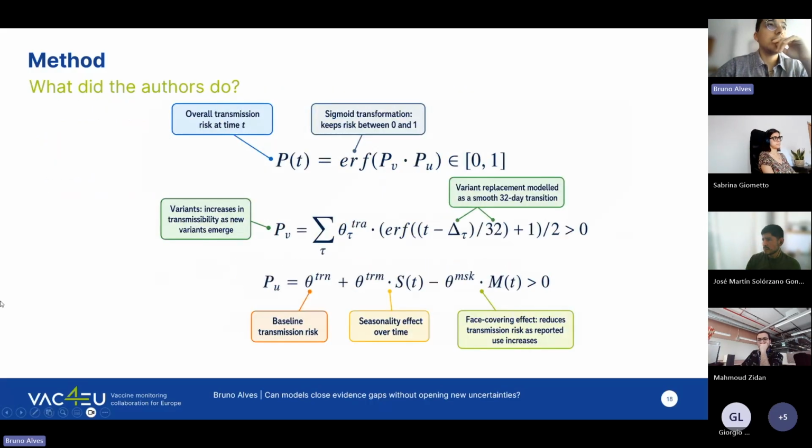So this is the main equation that calculates the transmission risk at a given time. We have here the variant effect, and we have here the seasonality effect. What they did was supplement this seasonality effect with a face covering effect, which is this function M.